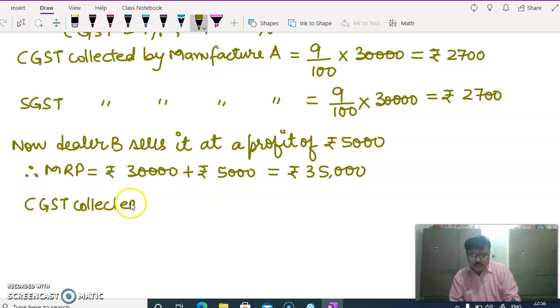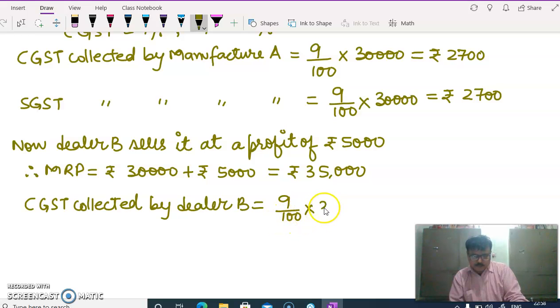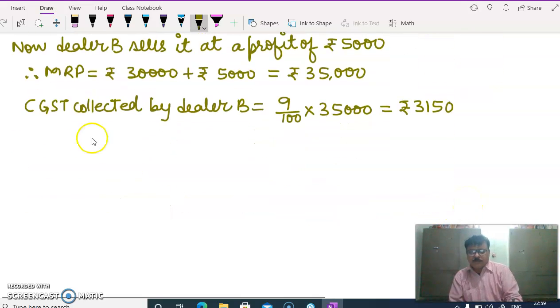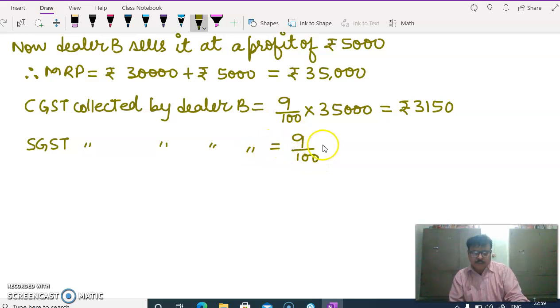CGST collected by dealer B from the consumer will be 9% of rupees 35,000, which is rupees 3,150. And SGST will also be the same. SGST collected by dealer B will again be 9% of 35,000, which is again rupees 3,150.